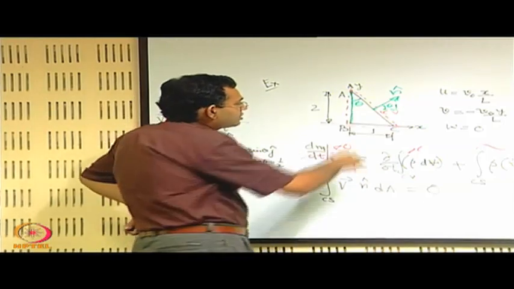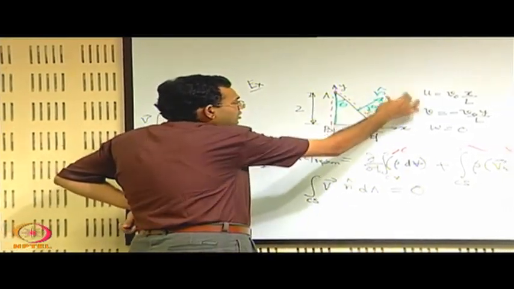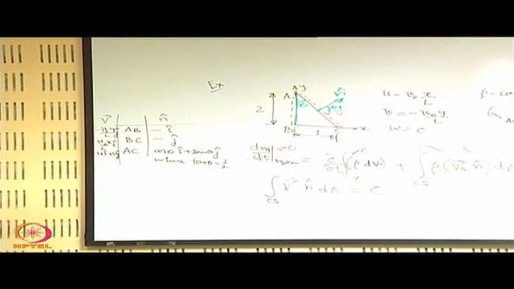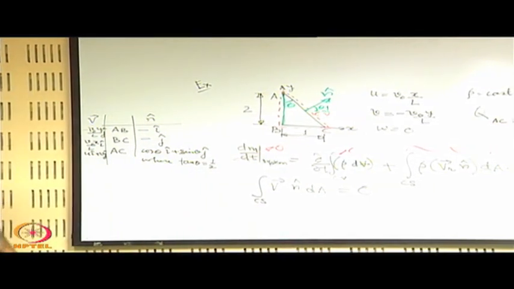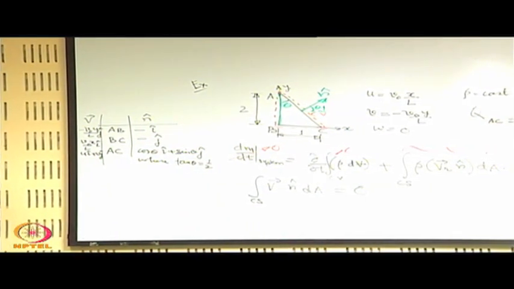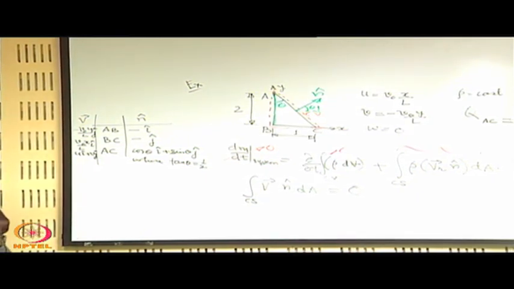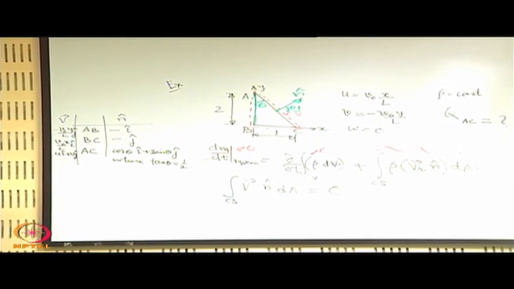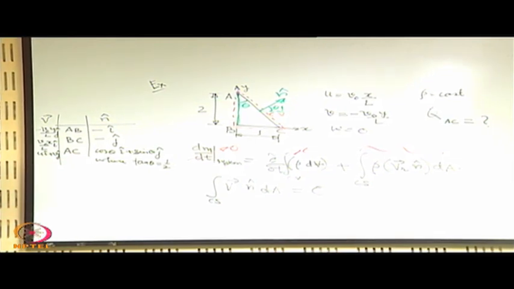So, the choice of the axis here has been such that if this is the velocity field, then that is the case, but the same is not the case for AC, right. So, for AC how will you find out what is the total or the net rate of flow? Yes.